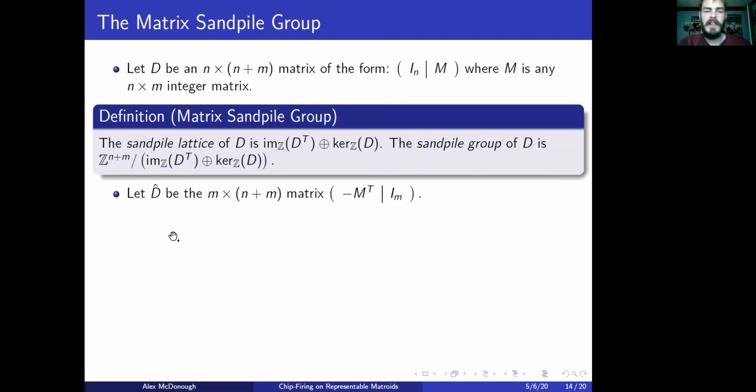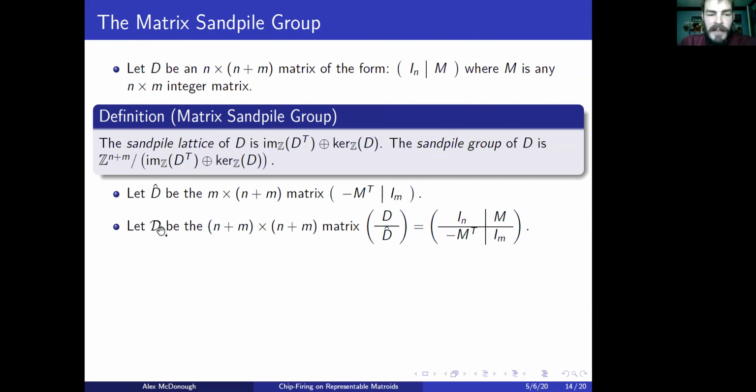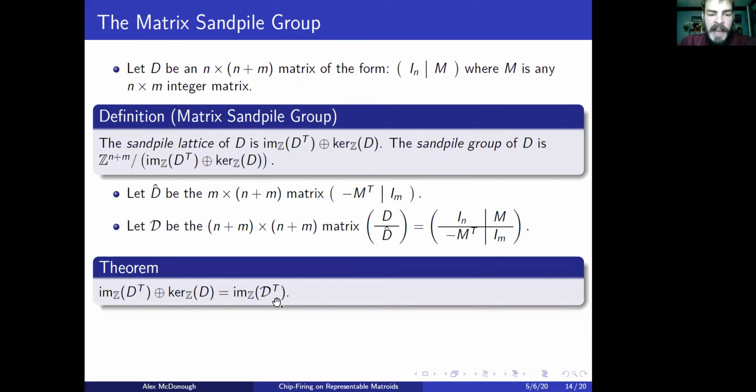And then if we let D hat be this matrix where we have -M transpose followed by the identity, and fancy D be this square matrix that's D over D hat that looks like this, like we had before, then always, it doesn't have to be from a graph, we have this result that the image of D transpose plus the kernel of D is going to be the image of fancy D transpose.